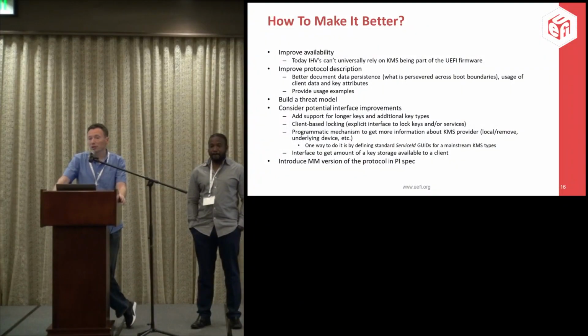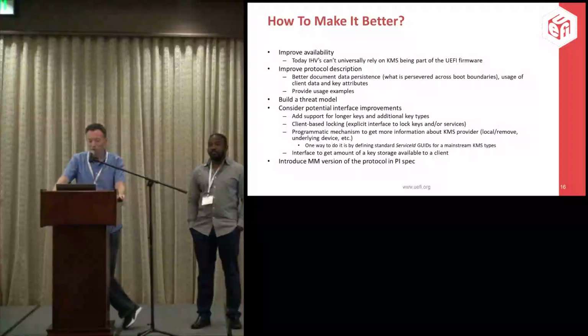Also, as I mentioned, the implementations can be widely different, providing different capabilities. For example, a TPM-based KMS would be much more limited compared to a network-based KMS. So it would be nice to have some way to get this information. It's partially possible by analyzing the device path, but that's not always precise.